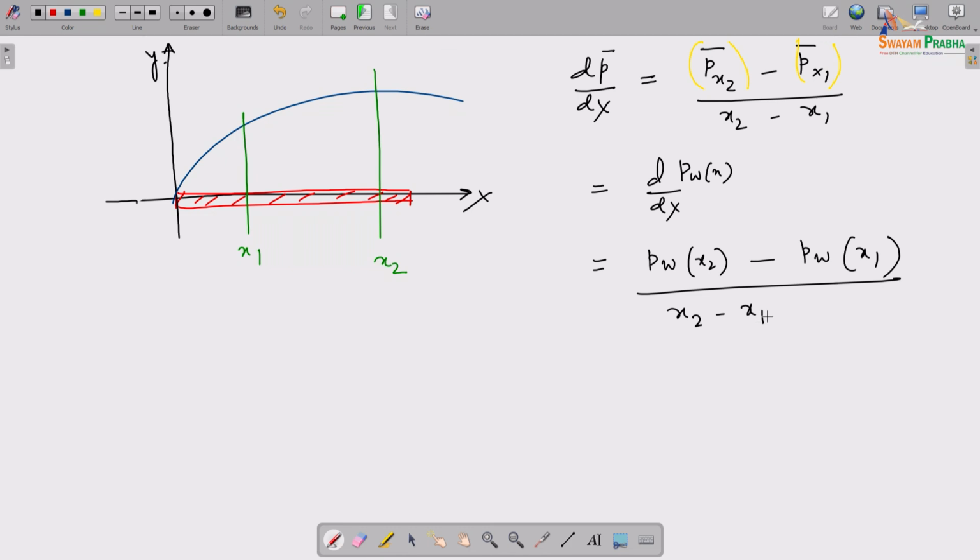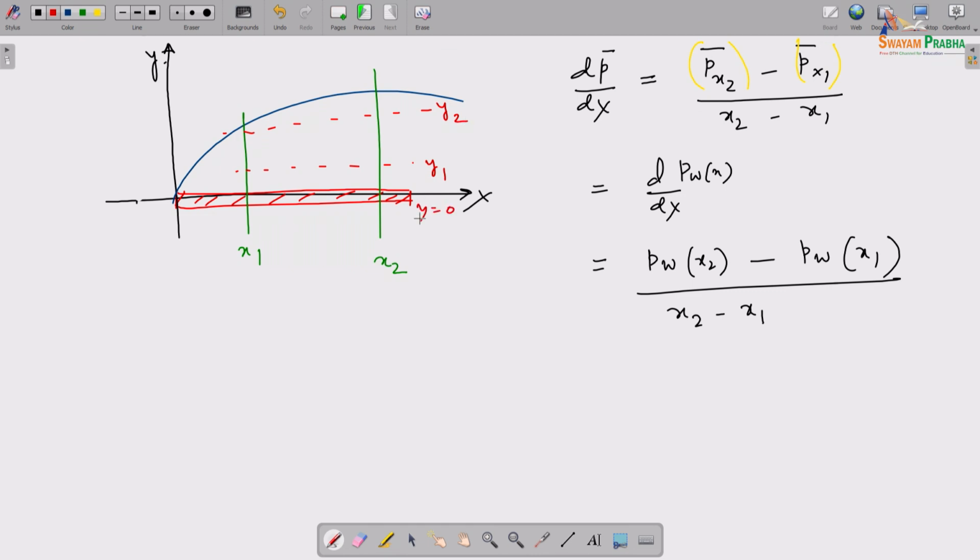Now say I take the locations here, y1 and y2, and this is y is equal to 0.